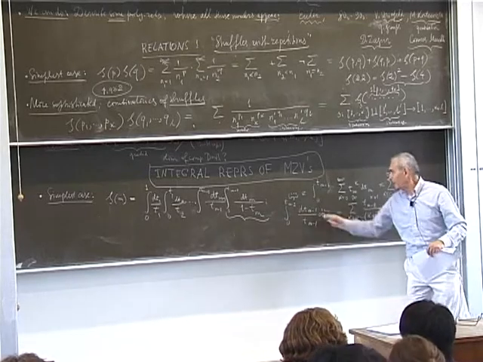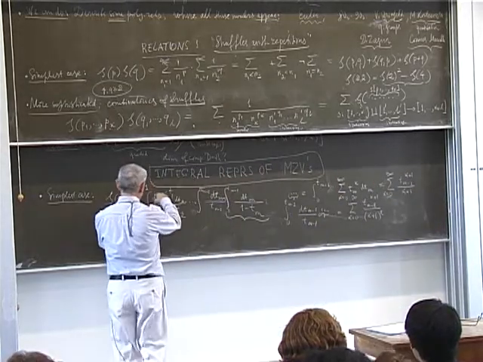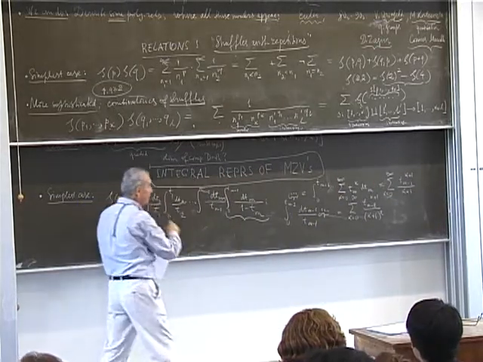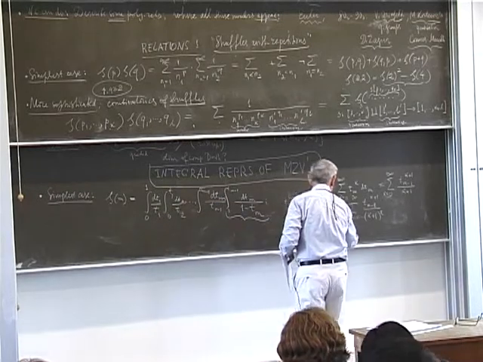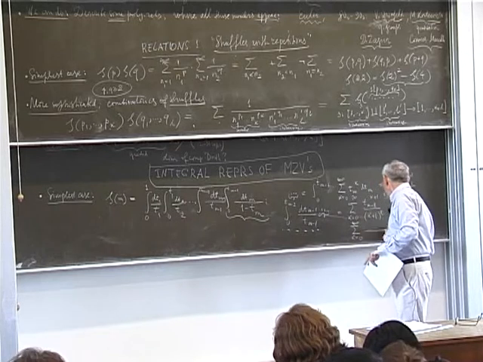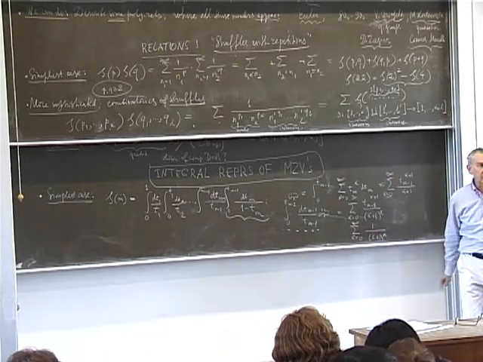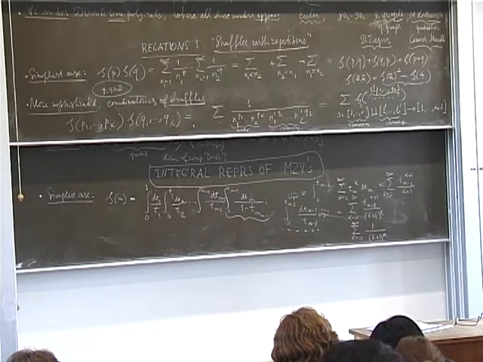And since you repeat this story m minus 1 more times until the upper limit becomes 1, at the very end you get exactly this. And this is, of course, the value of zeta, right?